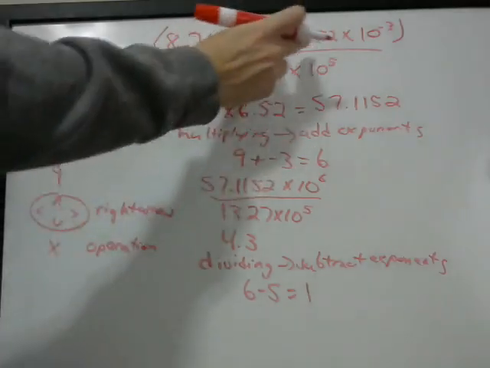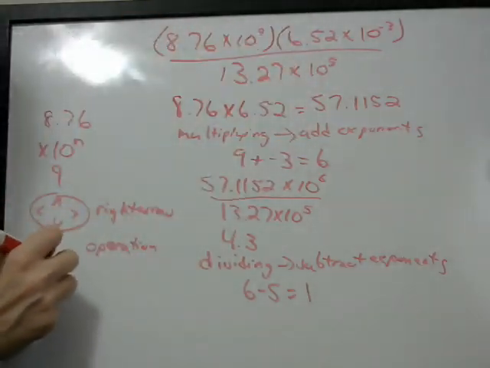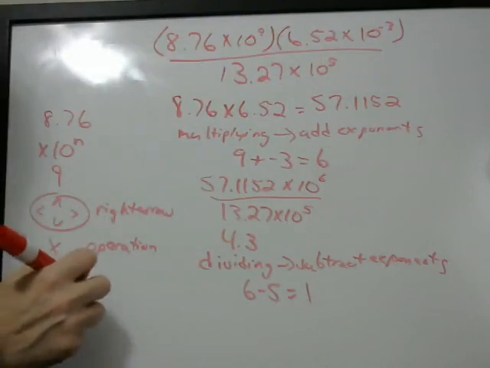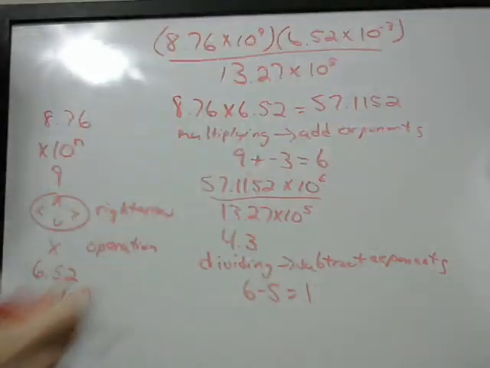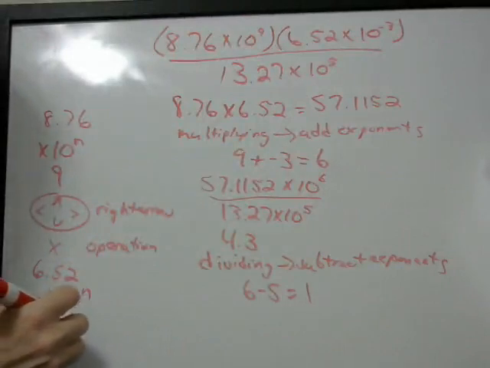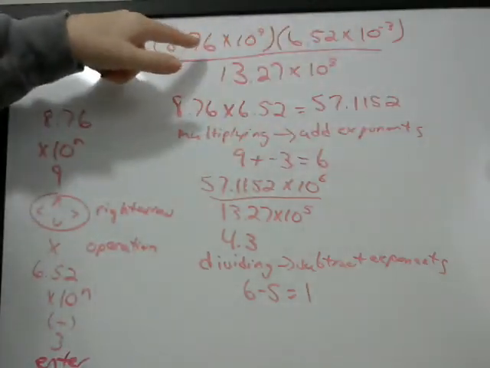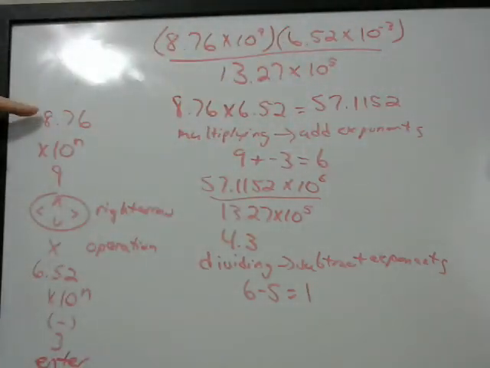And then all you're going to do again is hit the base number, 6.52, the scientific notation button, the exponent. Now here we have a negative exponent, so make sure you hit the negative button and then the 3. And then to just do the operation, you just hit enter. So I'm not looking at the division, I'm just saying if you're going to multiply these two top numbers, this is how you would do it on that calculator.